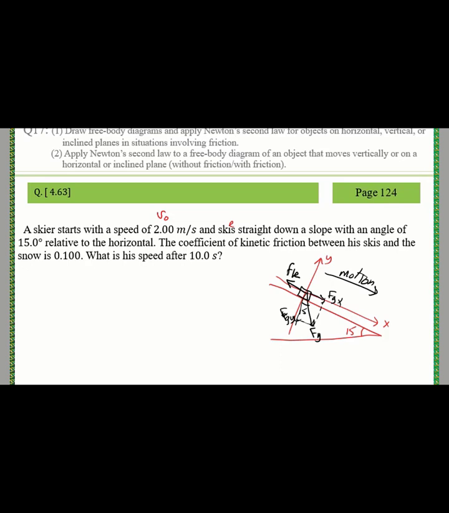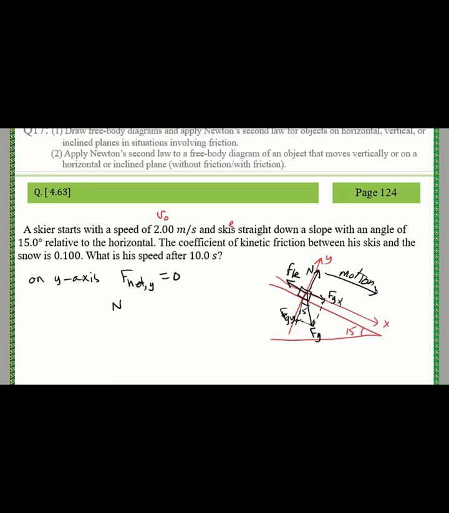Now we need to find Fk, so we need the normal force. The normal force is on the y-axis. This is the normal. Now on the y-axis, F net on the y-axis equals 0.